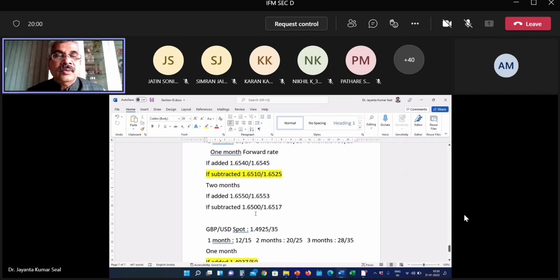Okay, so you can do either way swap. Got it? Yes, sir. Normally they are not equal. Swap quotes will not be equal. So if it is equal, then you can do either way swap. Yes or no? Yes, sir.